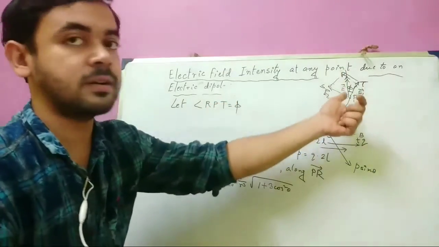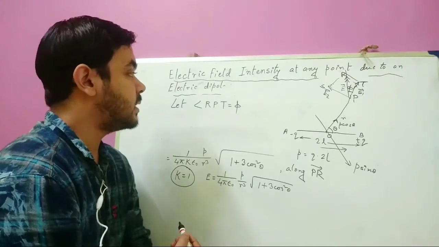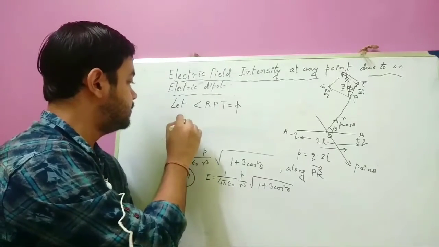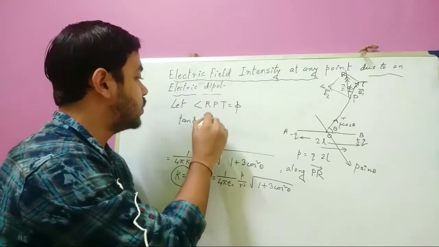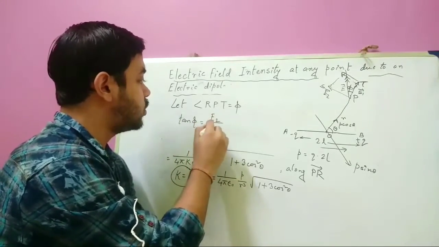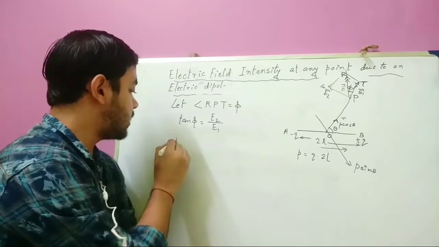Therefore, from the right angle triangle RPT, we can write tan phi is equal to E2 by E1.